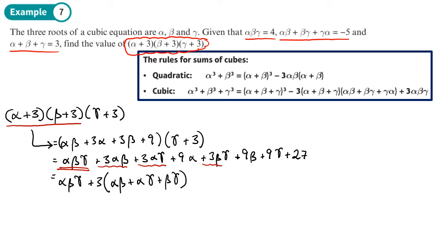Okay, that's looking all right so far. Then what do I have? Well, I've got this 9 alpha, 9 beta, 9 gamma. So that can be factorized, and I can write plus 9 times alpha plus beta plus gamma. And then on the end, I'll just have this plus 27.